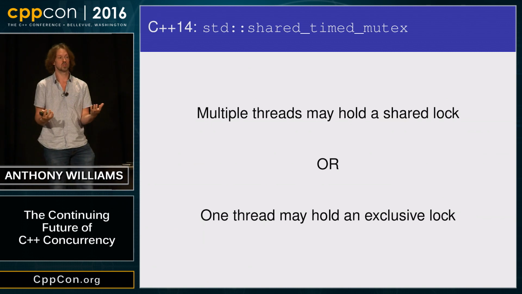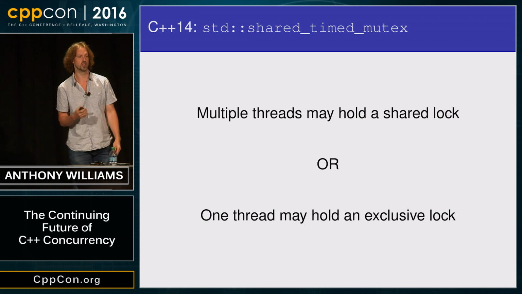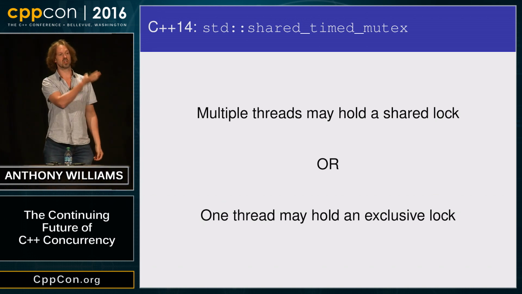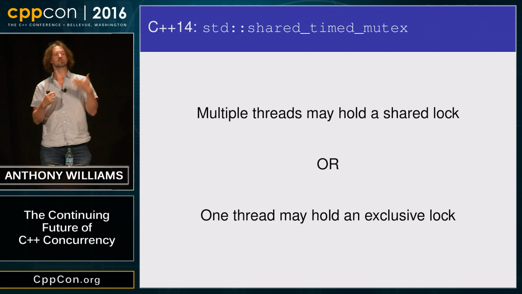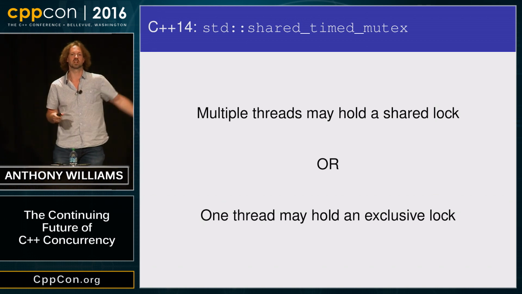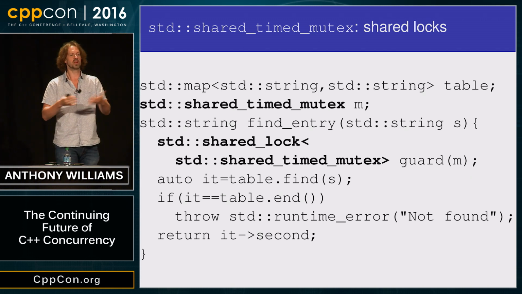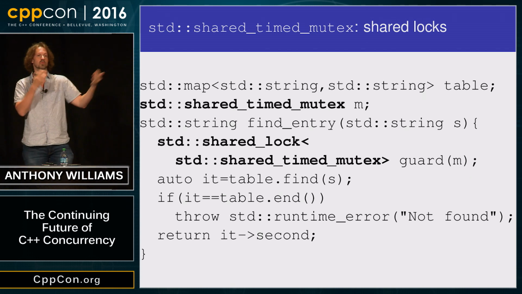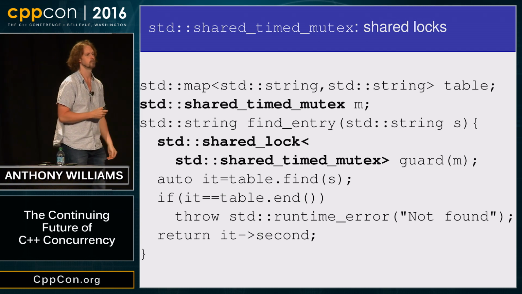We're going to take a shared lock, and we're going to use that nice new RAII type, shared lock, on our shared timed mutex. Construct our guard. We're going to find the entry in the table. We're going to throw if we didn't find what we were after, and if we did find it, then we're going to return the second value. That's just a standard map lookup. But the bit that's specific to this is we've got this shared lock on the shared timed mutex.